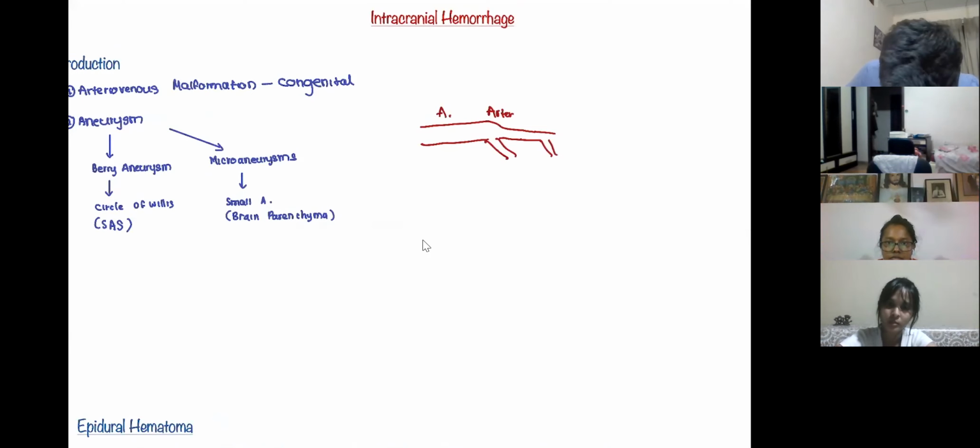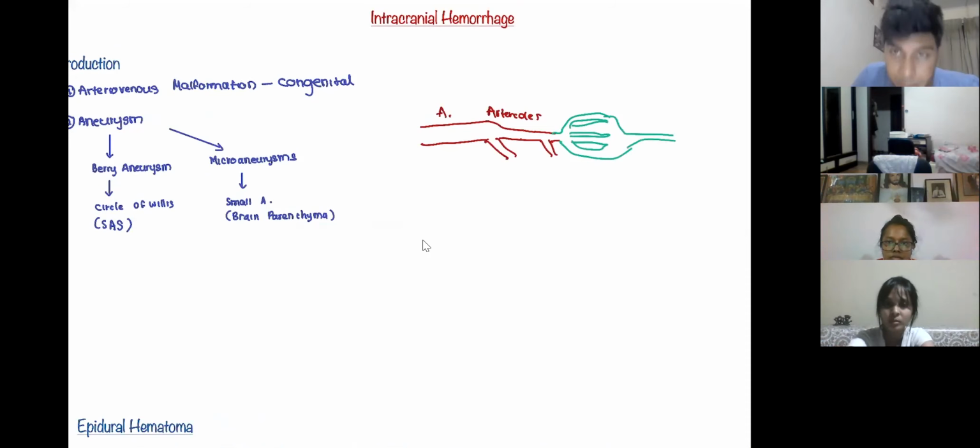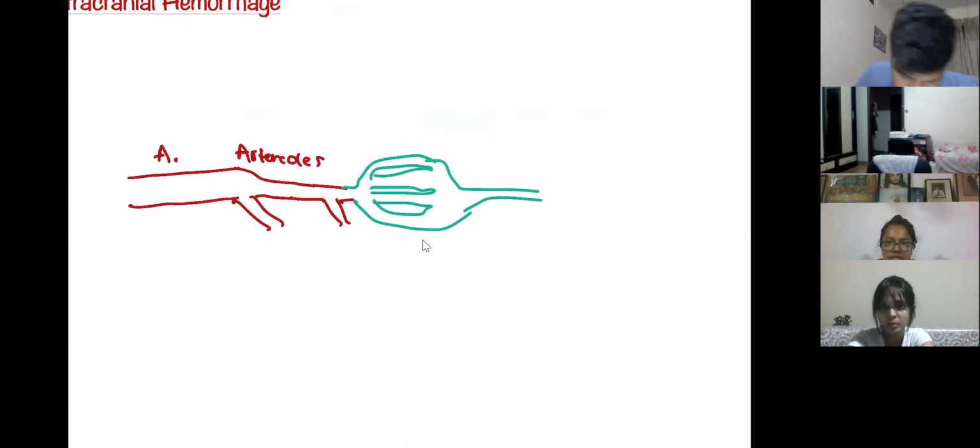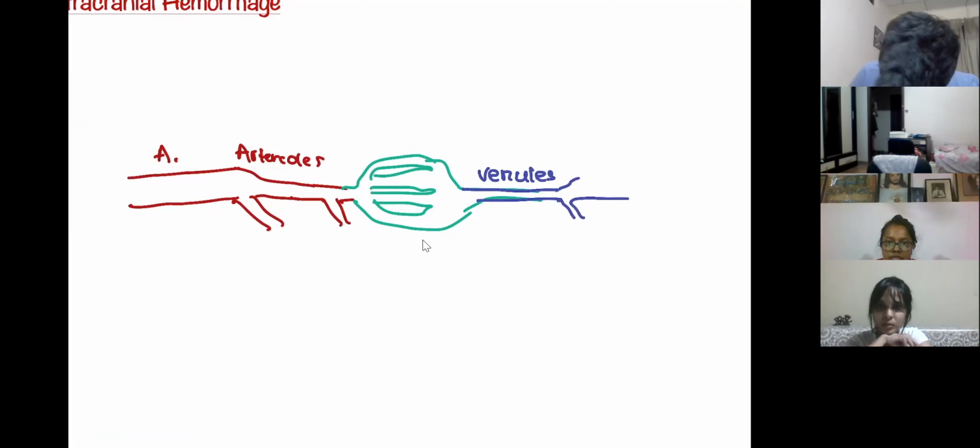And they branch off into the capillaries. They form the capillaries. And the capillaries give rise to venules, which form tributaries to form veins.